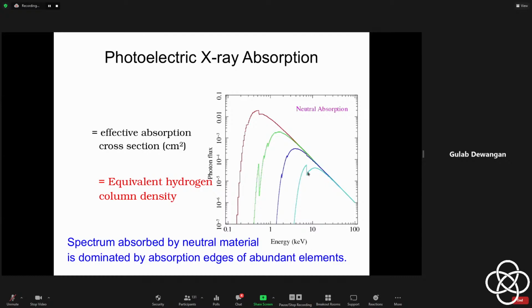So these are the locations where the absorption edge is, and therefore the photons with slightly higher energy are all being absorbed, and therefore you see these characteristic absorption edge structures. And this is due to the neutral material. You see only absorption edges, no absorption lines here.